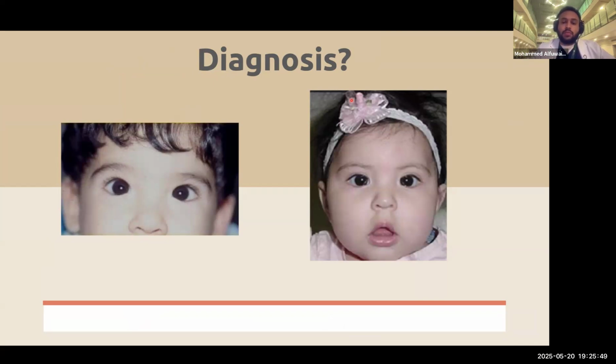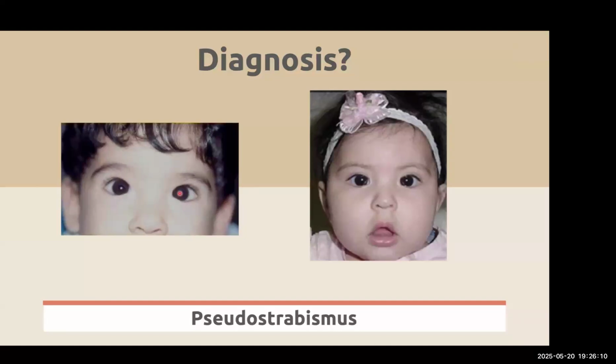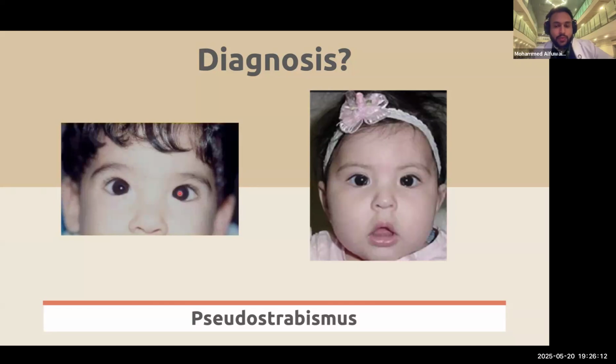Yes or no? No. Exactly. They do not have strabismus. They have something that we call pseudostrabismus. Why? Is the light shining at the middle of the pupil? Yes. So in this case, it's normal.